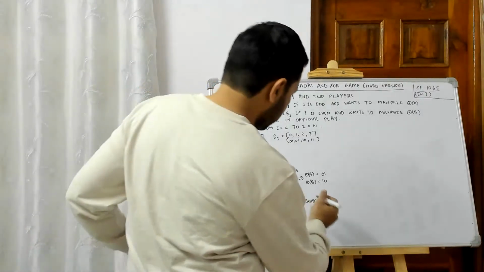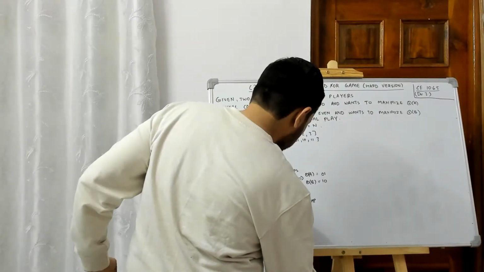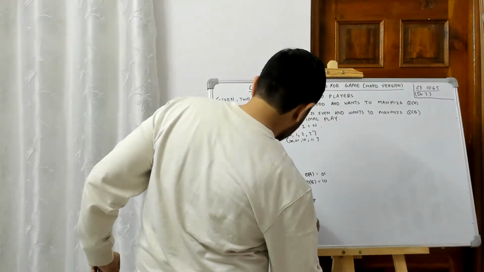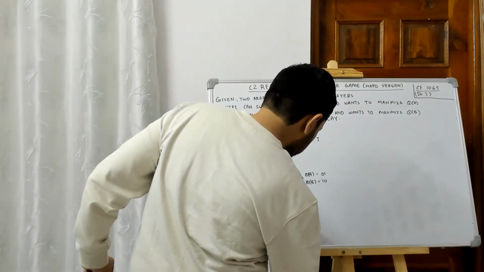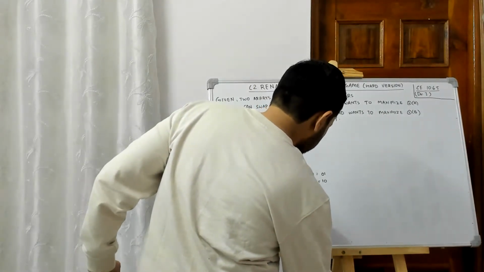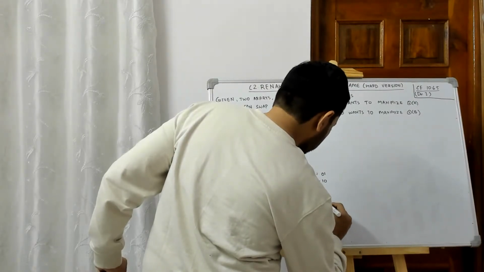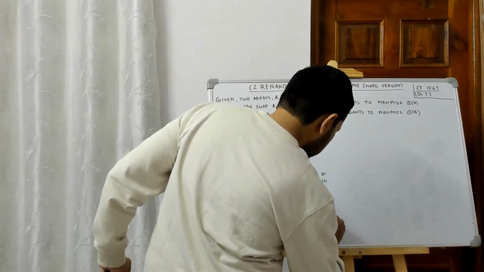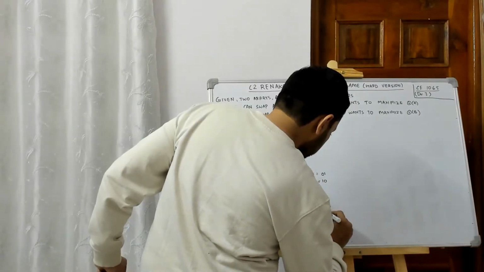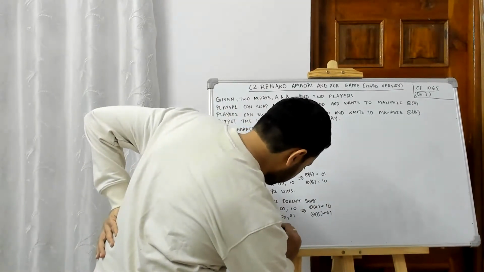So if P2 doesn't swap, then A will be 0, 0, 1, 0 and B will be 0, 0, 0, 1, and then the XOR of A will be 1, 0 and the XOR of B will be 0, 1, and here P1 wins.